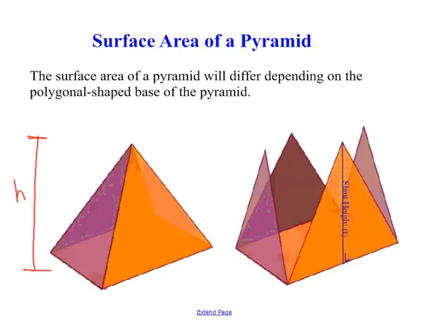The height of the triangular faces will be the slanted height, which they're indicating to you over here in the diagram on the right. The slanted height will be the height of the triangular face and should be used in the formula 1/2 base times height to find the area of the triangular face. Do not use the height of the pyramid to calculate the area of the triangular faces.